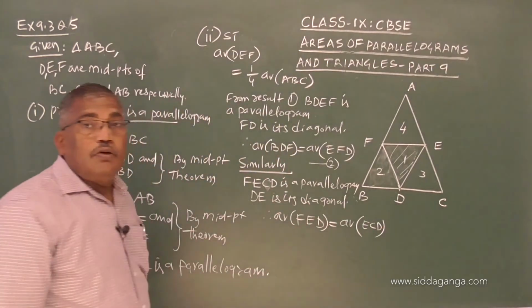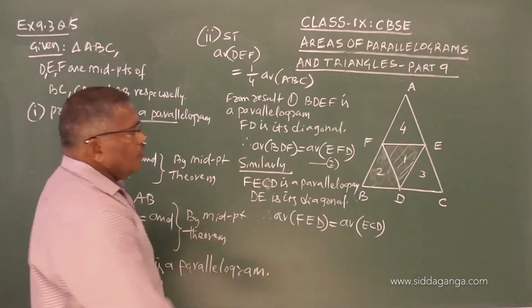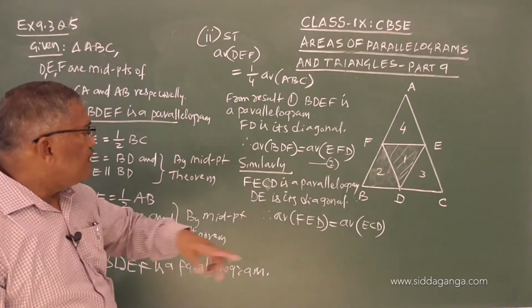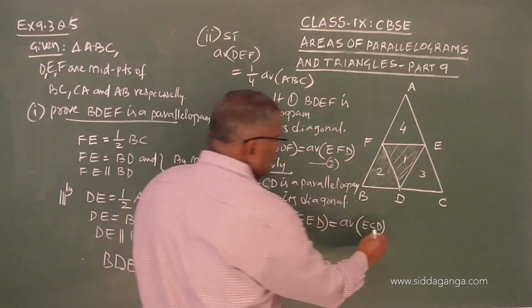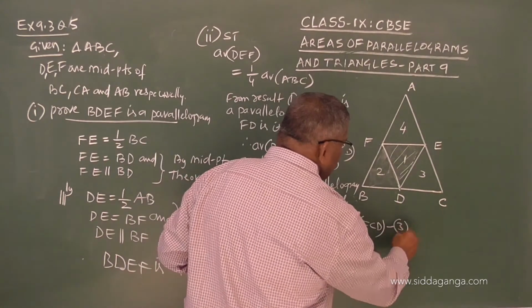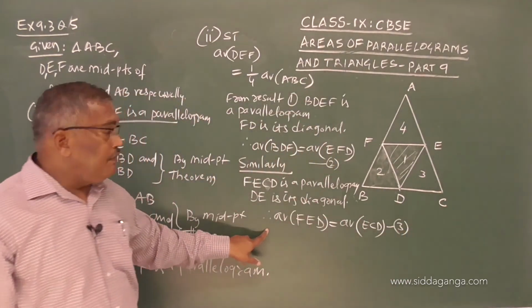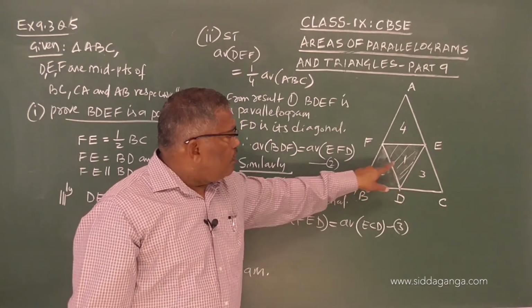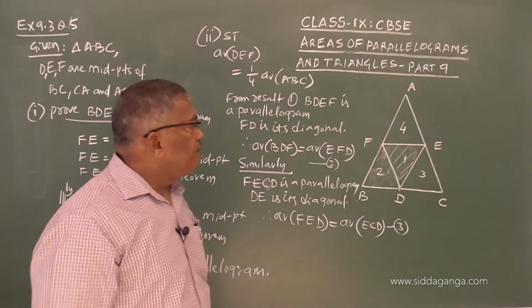I hope you are following this. So 1 is equal to 3. We can call it the third statement or equation. First we proved that 1 is equal to 2, now 1 is equal to 3.